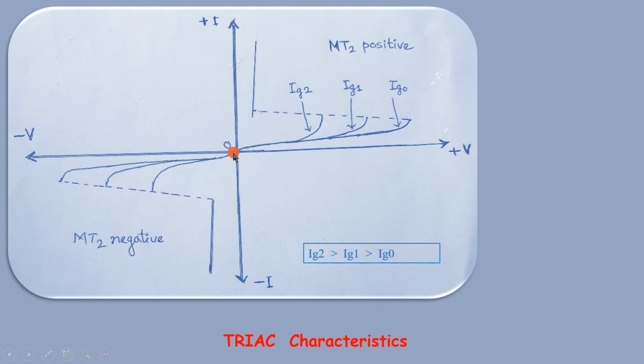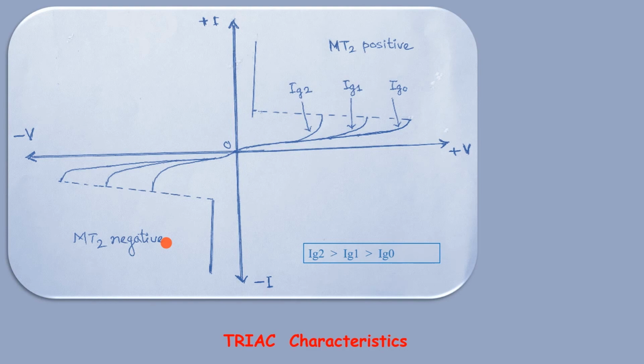And again, you can see that this part of the characteristics is quite similar to this one, where MT2 is positive, and this is where MT1 is positive. So it conducts in this quadrant also, and it conducts in this quadrant. This is quite symmetric because the doping level of the PNP region and the N region is the same from both directions.